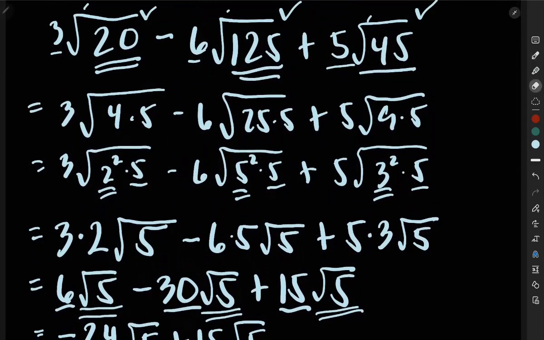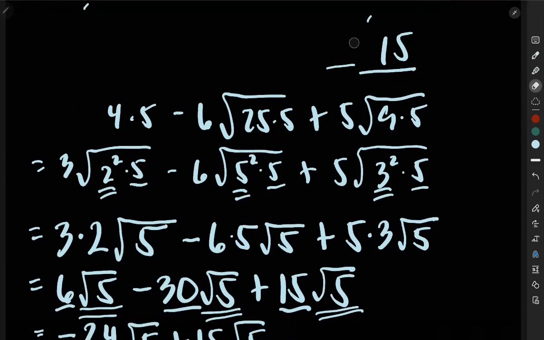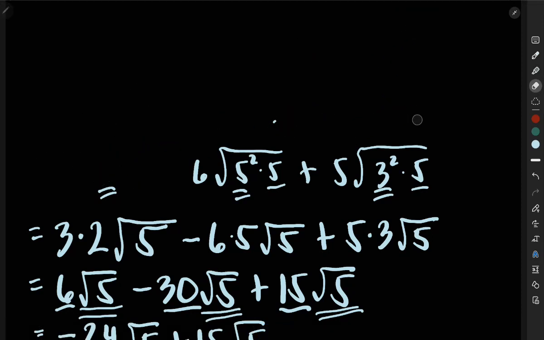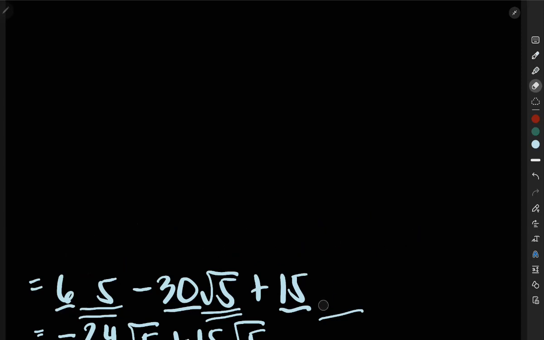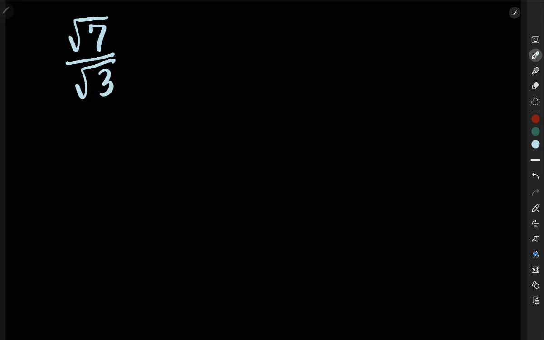Next example is we are going to rationalize radicals. All right, so let us clean this first. Okay, so let's rationalize square root of 7 over square root of 3.